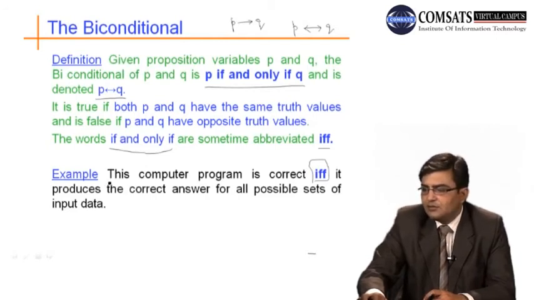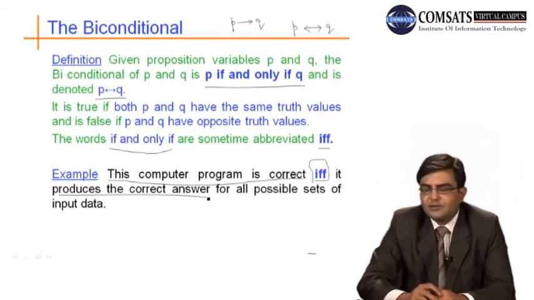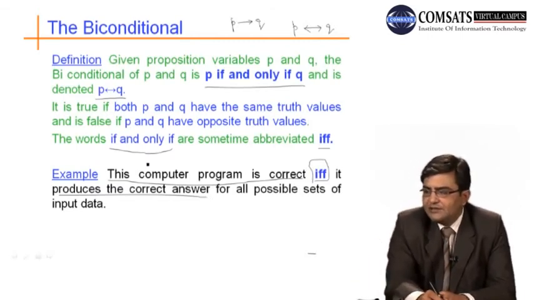Here, if and only if can be abbreviated as IFF, and it is read again as if and only if. So you can see that if we take P as this computer program is correct, and Q as it produces correct answer for all possible set of input data, the condition is on both P and Q.